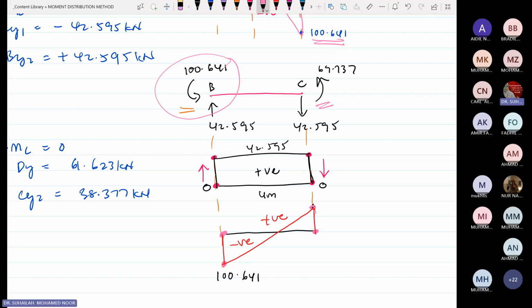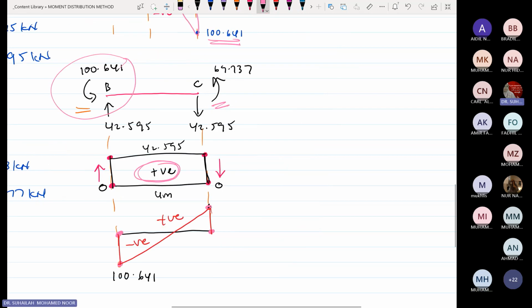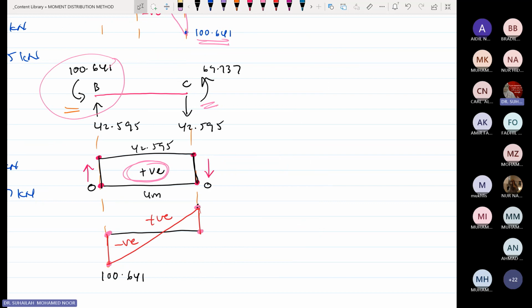Doktor, nak tahu shear tu dalam negatif dia bergantung pada BY? Shear yang mana? Yang petak tu? Kalau ada negatif maksud dia bergantung pada BY? Okey, paling senang kan? Kita tengok arrow tu satu macam ni.